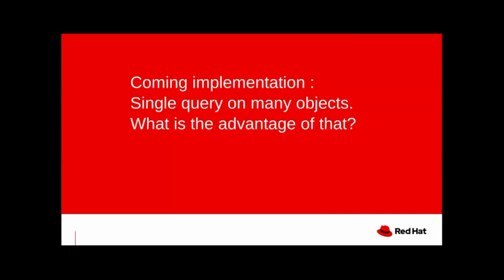Okay, another future implementation that we are thinking of is a single query on many objects, and I want to discuss a bit what the advantage of that is. The advantage of processing huge objects using S3 Select is quite obvious. We already discussed that. But what if it needs to run a query on many small and medium-sized objects?